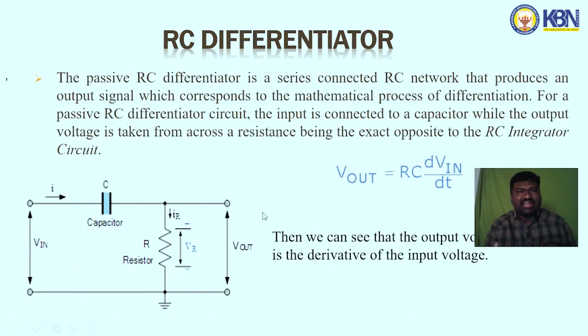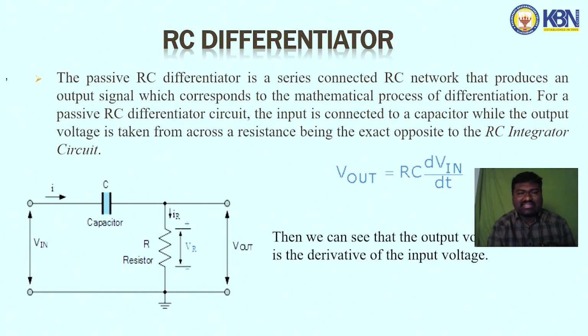RC differentiator. The passive RC differentiator is a series connected RC network that produces an output signal corresponding to the mathematical process of differentiation. For a passive RC differentiator circuit, the input is connected to the capacitor while the output voltage is taken across the resistance, being the exact opposite of the RC integrator circuit.